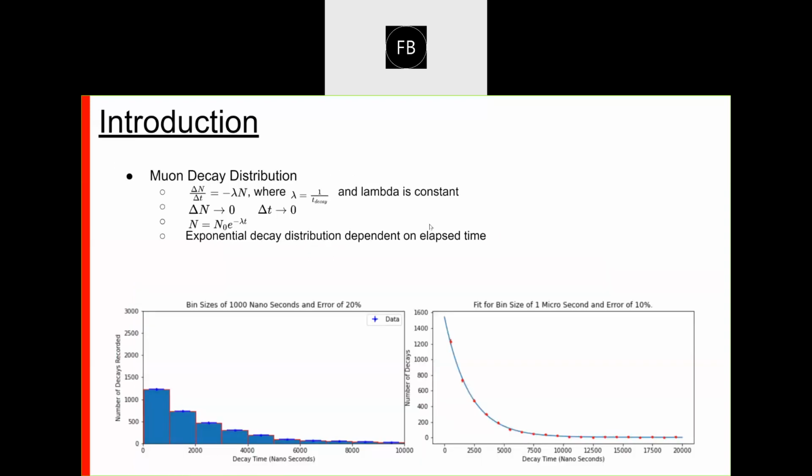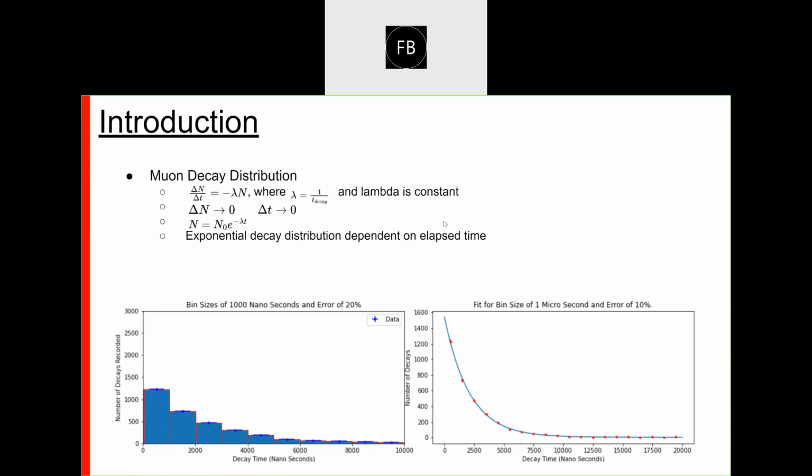So there's a lot of math on this slide, but what we need to understand is that the relation between the number of muons and the initial number of muons is equal to this negative exponential decay, and it's solely a function of elapsed time, right? There's no dependence on reference frame.